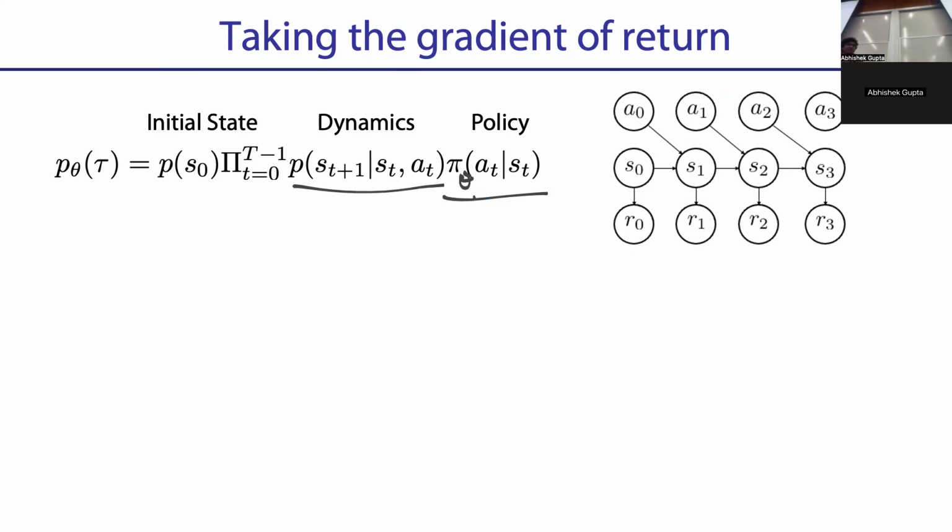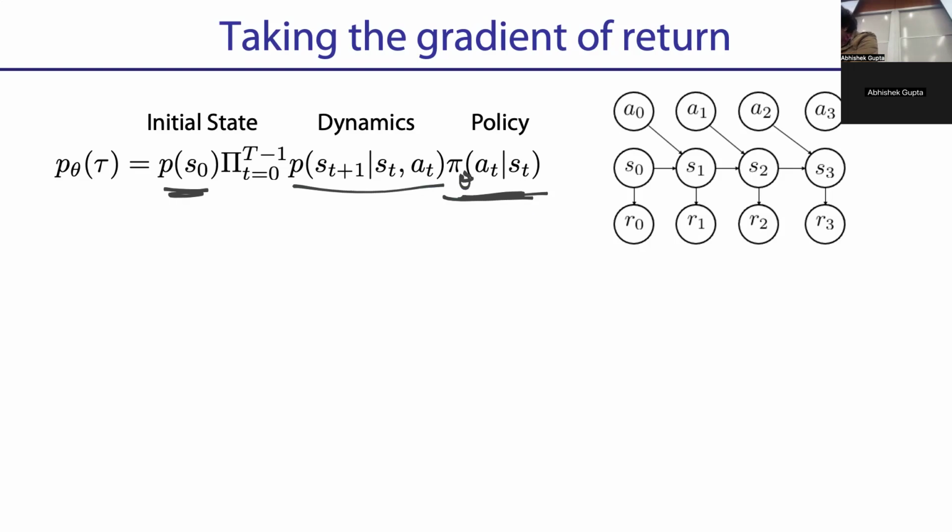So it's just saying that imagine I had this sequential sampling process. Started from S0, then sample A0, then S1, then A1, then S2, then A2. You can always write the likelihood of a trajectory as the likelihood of sampling the first state, then the likelihood of sampling the first action.